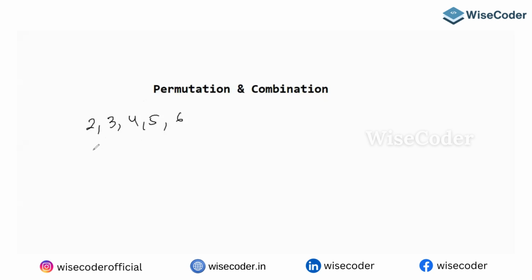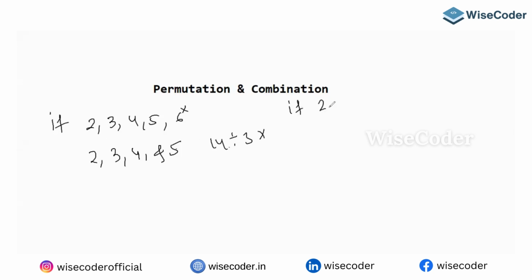Let's say we use 2, 3, 4 and 5, not using 6 for a moment. The sum of the digits is 5 plus 4, 9, 9 plus 5, 14. Is 14 going to divide by 3? No, so this is one of the cases.